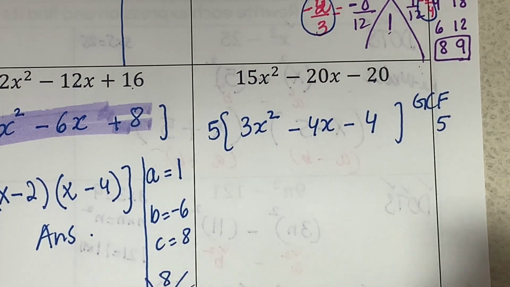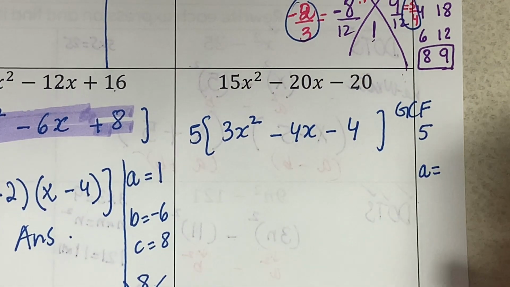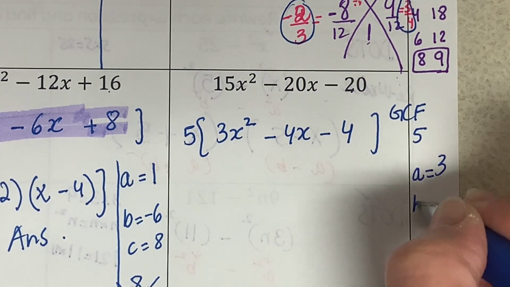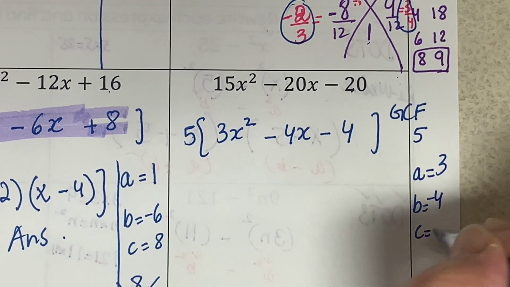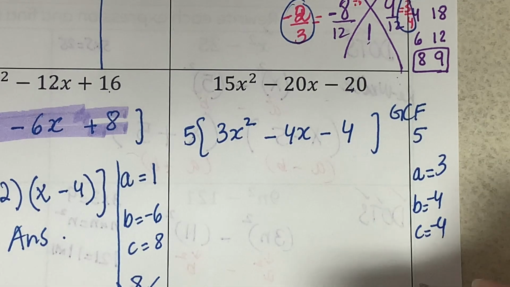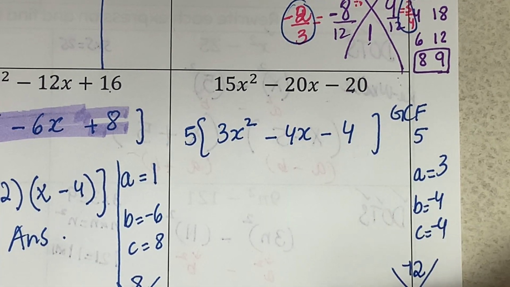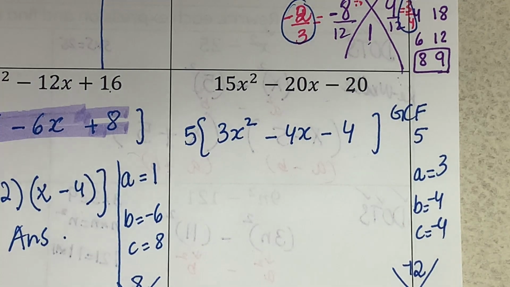This is what I have for the X puzzle. A is 3, B is -4, and C is also -4. For my X puzzle, AC is -12 and B is -4.